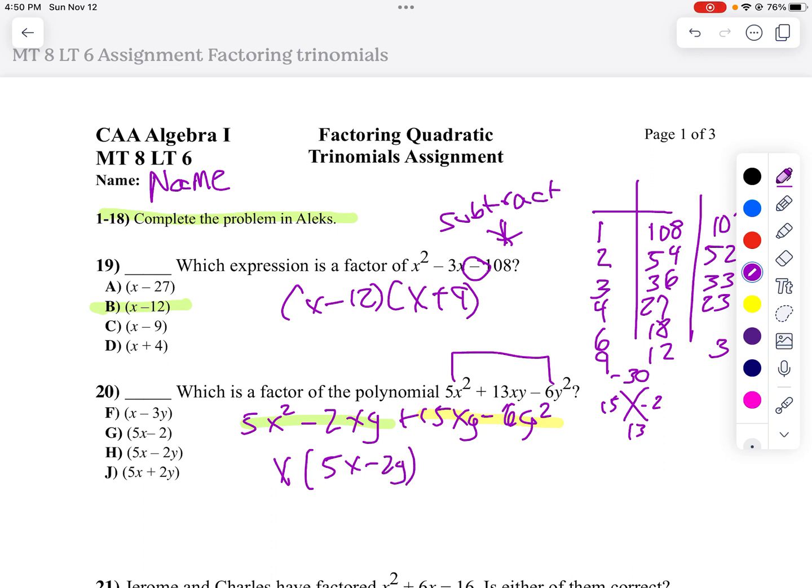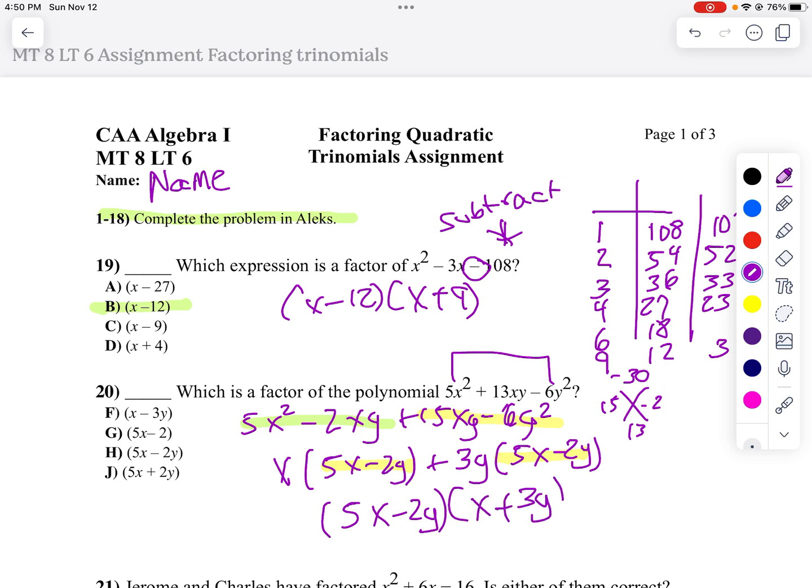My next two, between 15 and 6, I see a 3y there. So we'll get 5x minus 2y. Notice we can factor out 5x minus 2y. So we're going to have 5x minus 2y times x plus 3y.